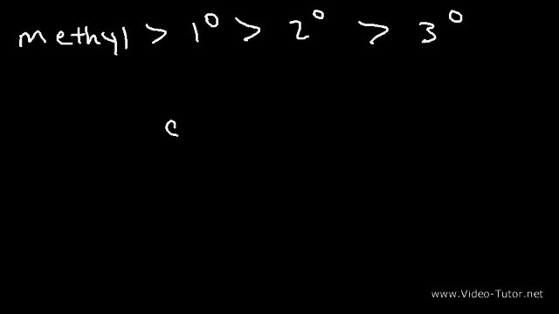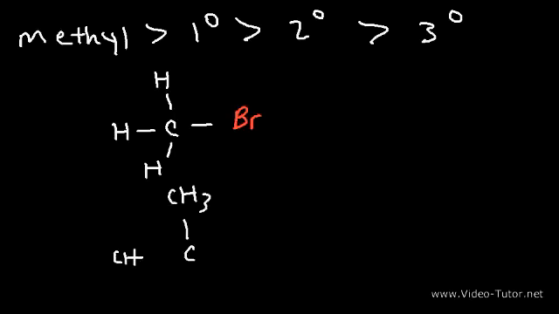Now let's compare a methyl substrate with a tertiary substrate. Let's see why. So here we have methyl bromide. And we're going to draw also tert-butyl bromide. Let's use hydroxide as a nucleophile.